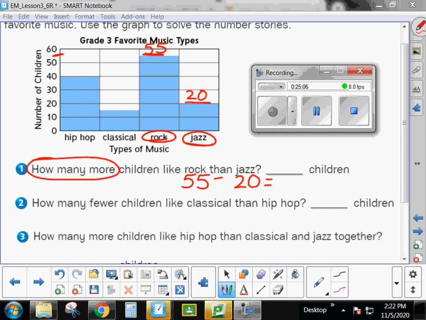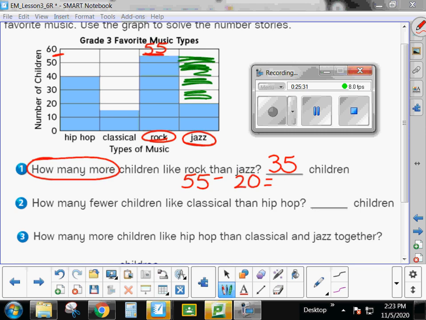Pause the video, get that figured out, and your answer should be 35. And if you want to count your spaces, you could do that too to find the difference. I've got 10, 20, 30, and then half of a bar would be 5. So I could check myself by looking at it that way as well.